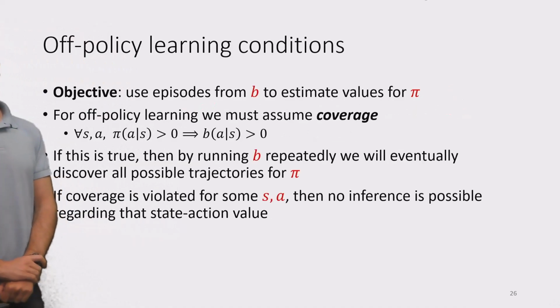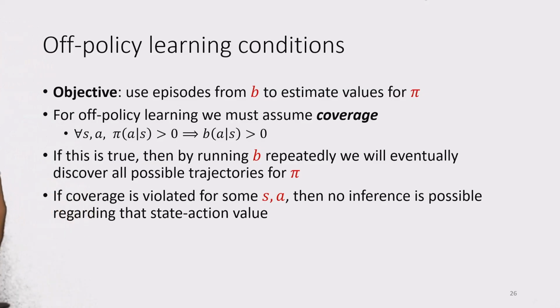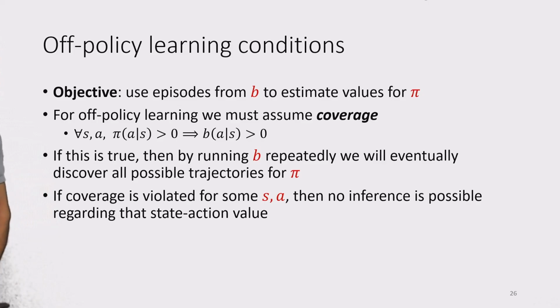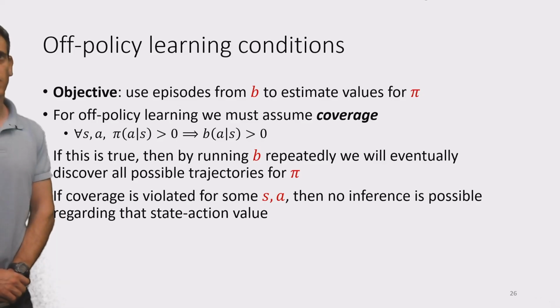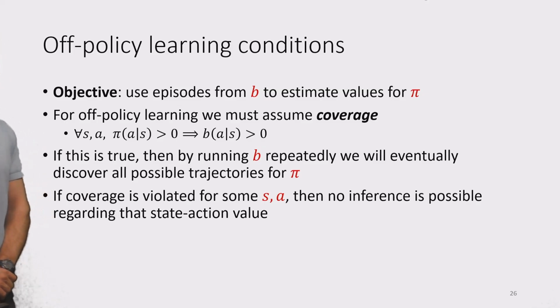So, some conditions are required in order to allow us to perform off-policy learning. That is, when our objective is to use some episodes, some samples drawn from some behavioral policy b, to estimate a different target policy pi, the condition is as follows. For off-policy learning, we must assume coverage.